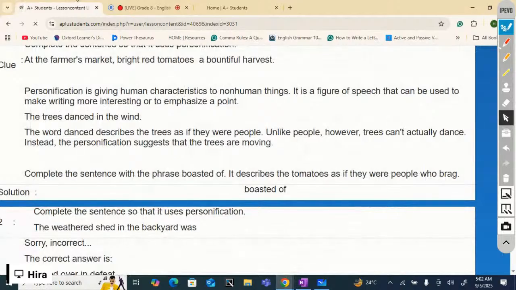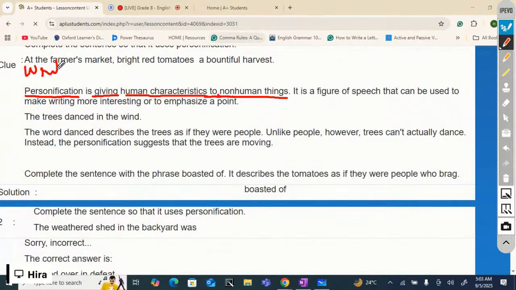What is personification? Personification is giving human characteristics to non-human things.